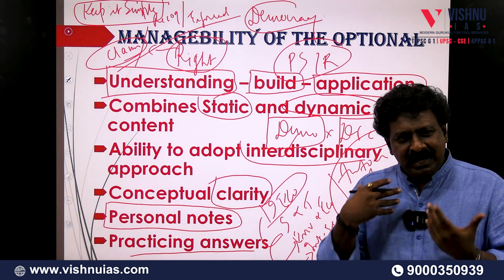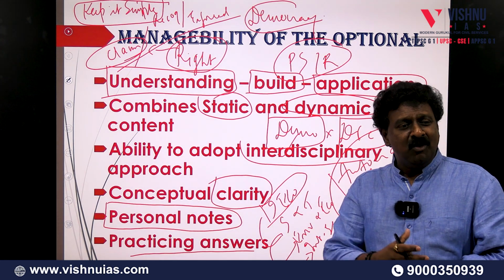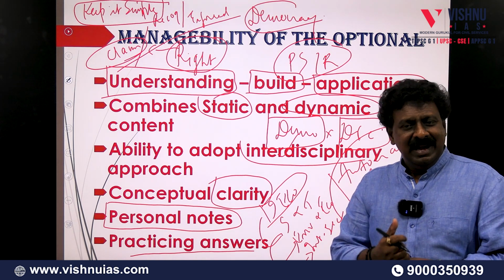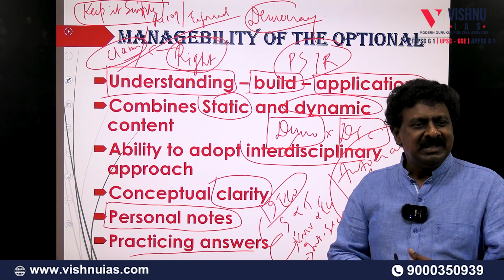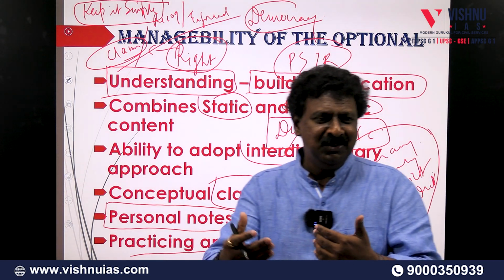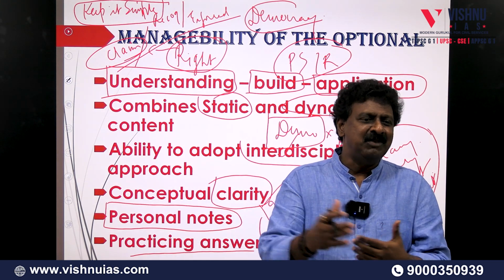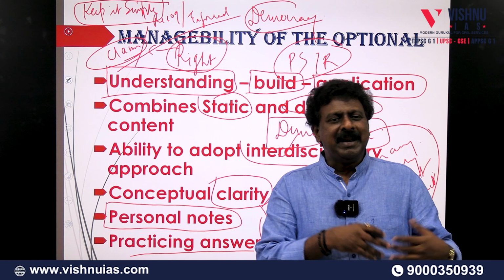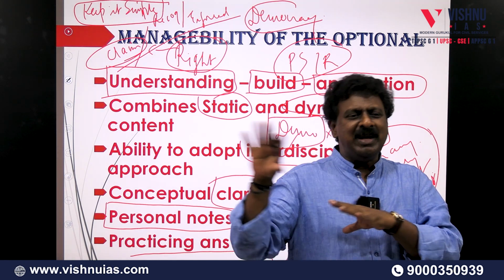Suppose you are studying about Indian foreign policy. Okay, you understand the important principles of Indian foreign policy. Okay, and then you look at how in recent times Indian foreign policy is experiencing shifts. For example, in 1992 we experienced a tectonic shift as far as Indian foreign policy is concerned. Prior to 1992 our foreign policy was very much obsessed towards the West.